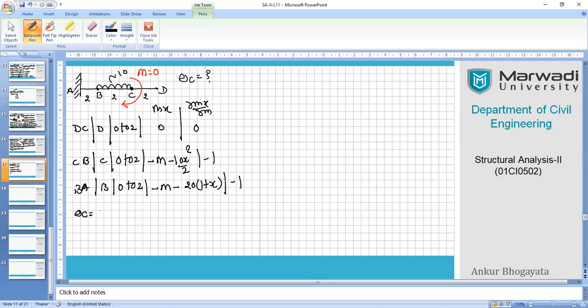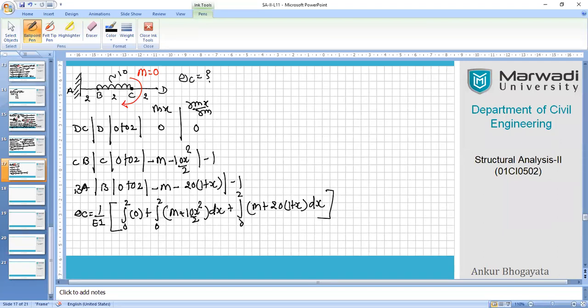Theta C equals 1 upon EI, 0 to 2 meters, everything is 0, so there is no need to do it. 0 to 2 meters, let's say m minus 10x square by 2 dx, and plus 0 to 2, not minus, plus m plus 20 into (1 plus x) dx.